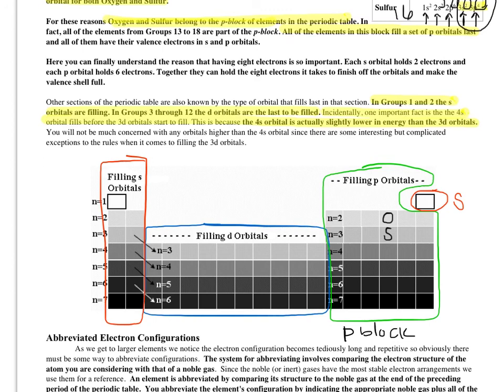All right, and what that means is that all the elements in this whole green area, their electron configurations are going to end in a p. Now, since sulfur is in the 3rd row, that's what this is saying, right? So this would be the 1st row, 2nd row, 3rd row. Because it's in the 3rd row of the periodic table, it's going to actually end in a 3p orbital.